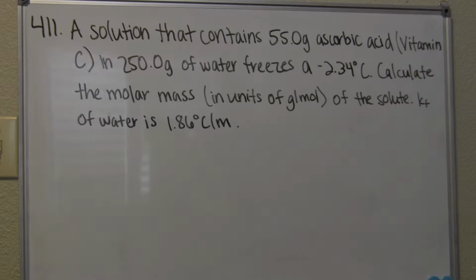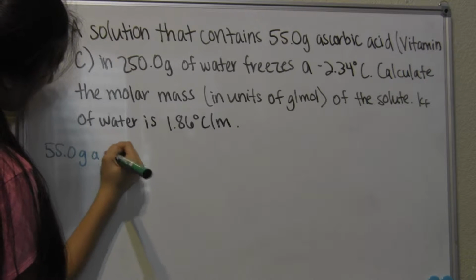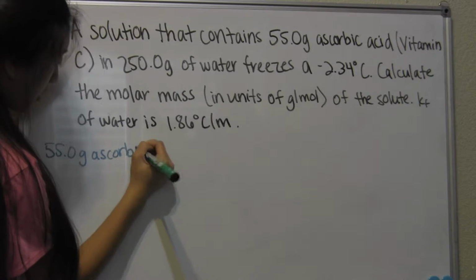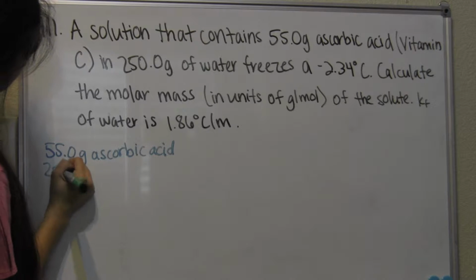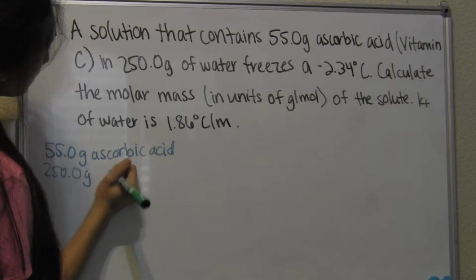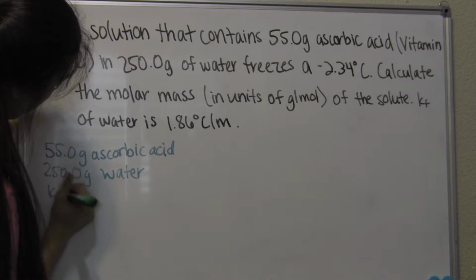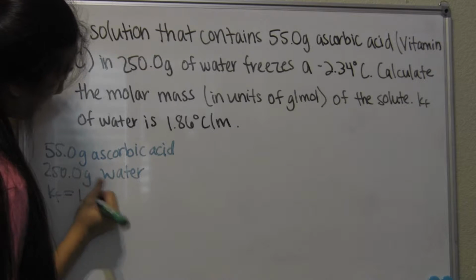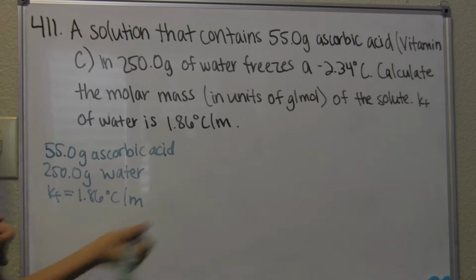As you can see here, we're given 55 grams of ascorbic acid, and we're given 250 grams of water, plus the Kf of water is equal to 1.86 degrees Celsius per molality.